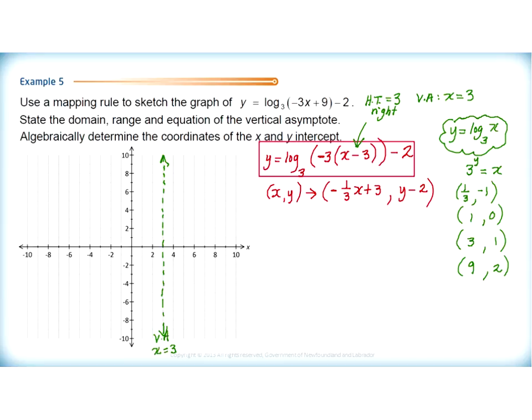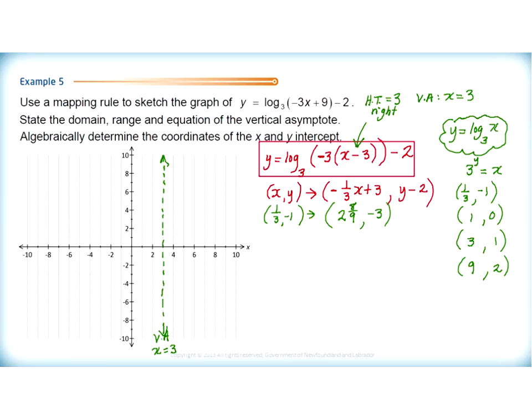And now we can plug points from the base graph into the mapping rule. So we would have 1/3 and negative 1. So you have negative 1/3 times 1/3 is negative 1/9 plus 3. So that's going to give us what? 2 and 8/9. And negative 1 minus 2 is negative 3.